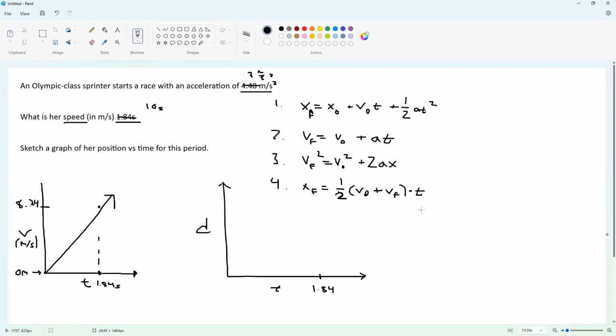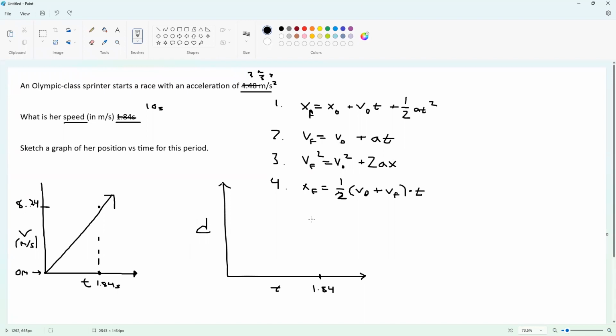Would it be 2? Velocity initial, acceleration, and time. Yeah, we can use that to find the final velocity, but we're looking for distance.